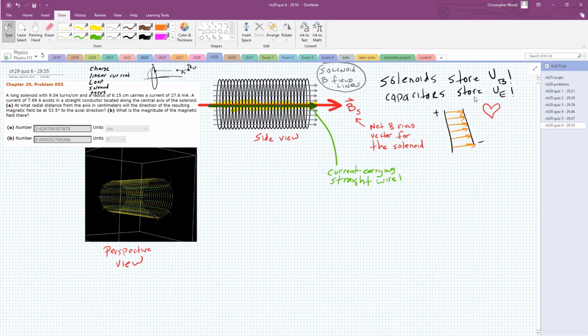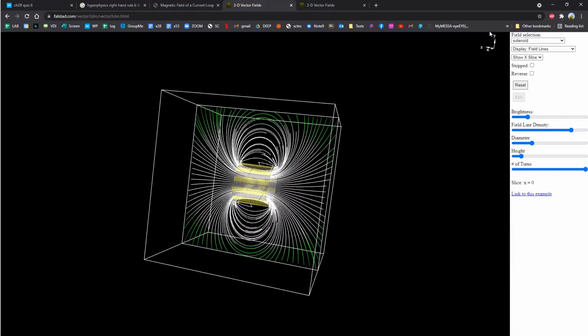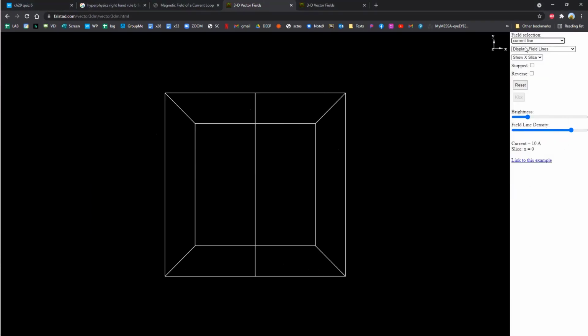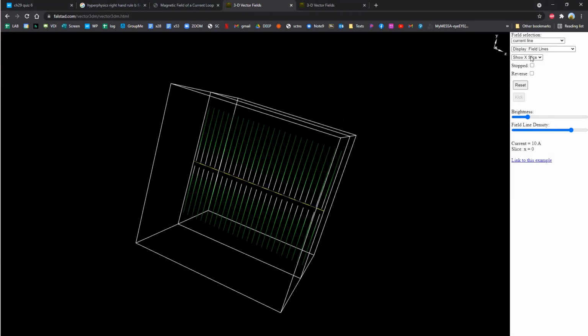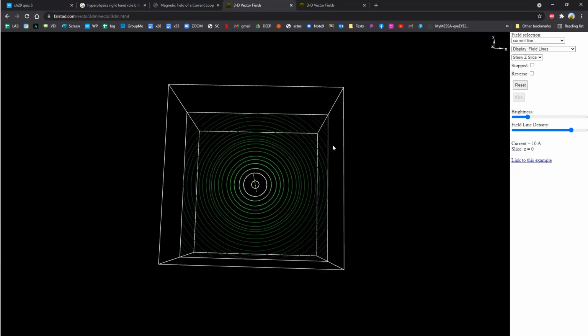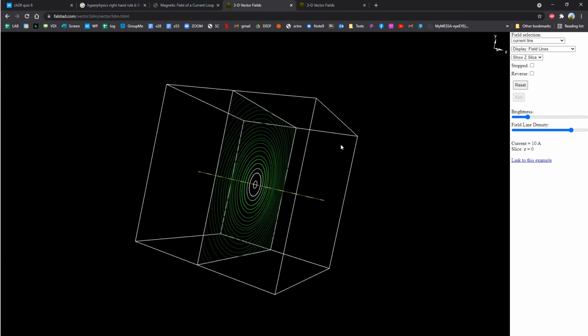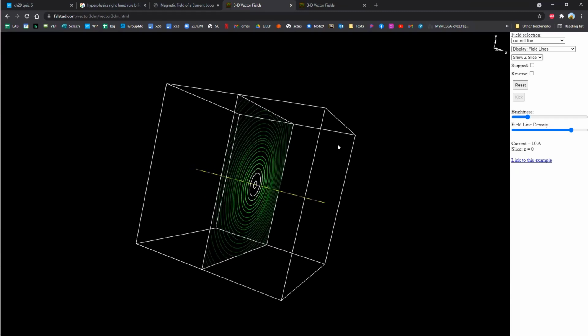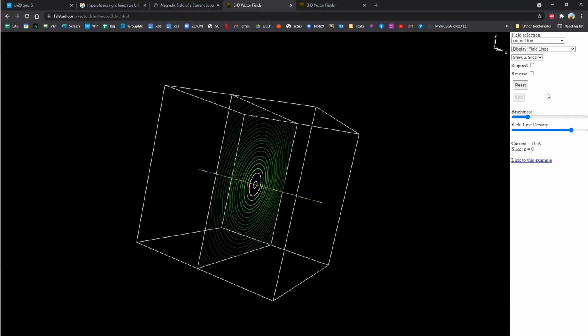So just for the purposes of reinforcement, if we go back to this simulation and I just say, hey, what does a current carrying straight wire look like again? It looks like this. In 2 dimensions, it creates a magnetic field. So if I just say, hey, what's going on in this plane? That's the magnetic field. If I say, hey, what's going on in 3 dimensions?